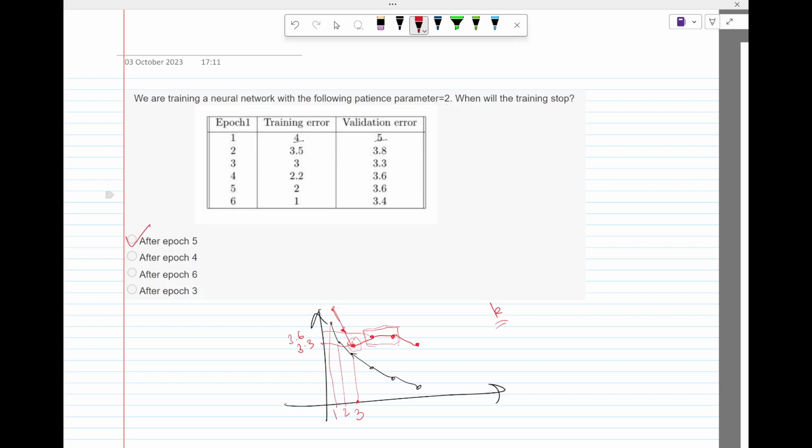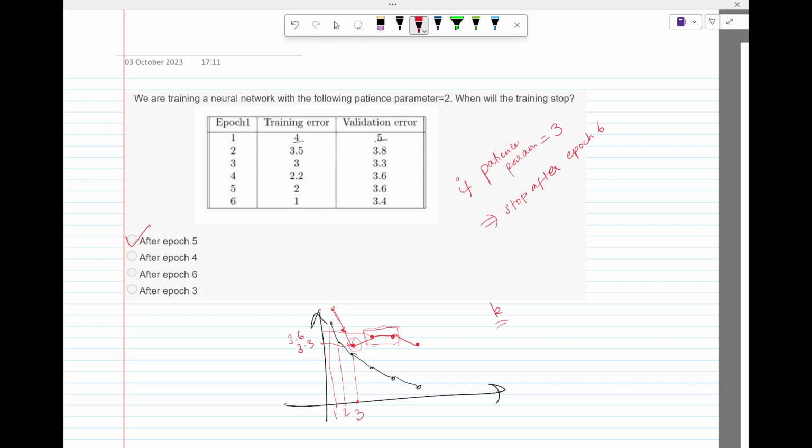Okay. If the patience parameter would have been 3, then it would stop after epoch 6.